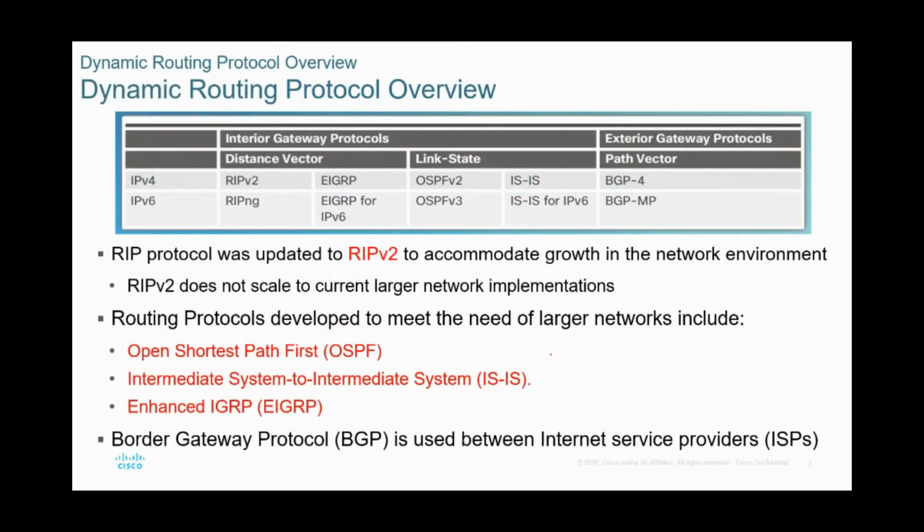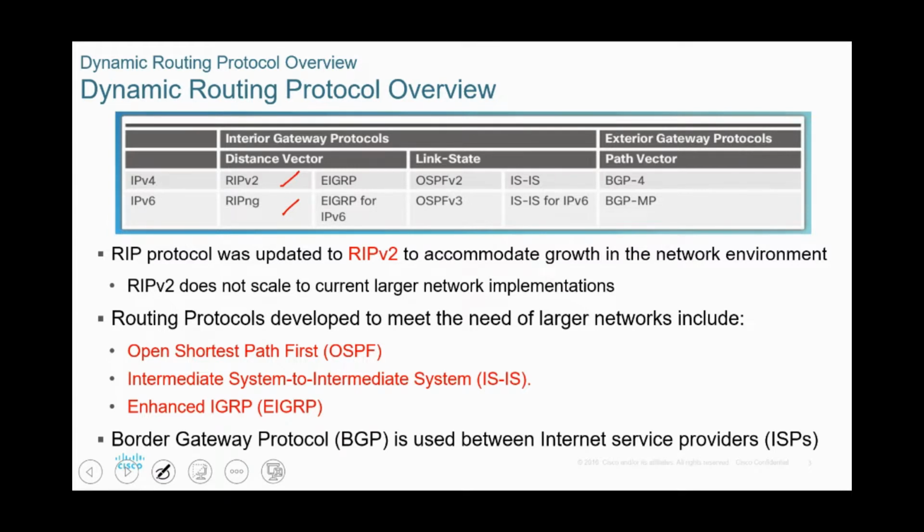Okay, for the dynamic routing protocols overview, this is the distance vector routing protocol with RIP version 2, with RIPng, next generation, and EIGRP with EIGRP for IPv6. Now all these categories here will be under the interior gateway protocols.